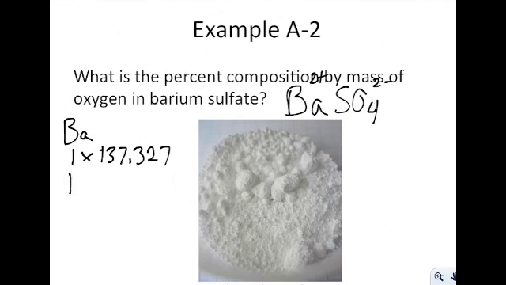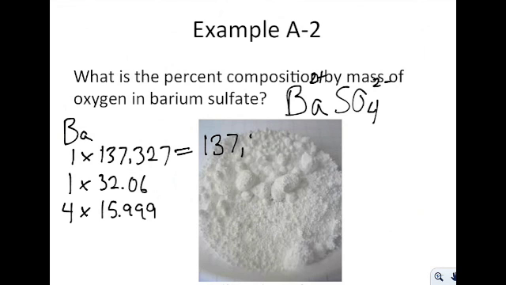We have one sulfur at 32.06, and we have 4 oxygens at 15.999, and we can multiply those out. And when you do that, you get an atomic mass of 137.327, an atomic mass of 32.06, and an atomic mass of 63.996.